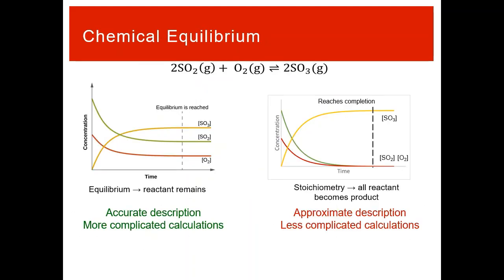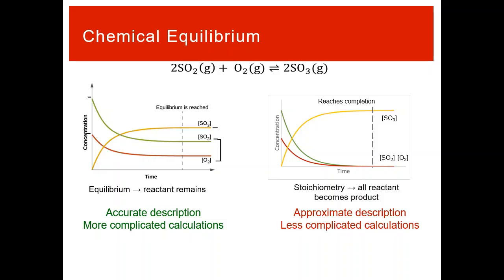This equilibrium-based description is more accurate, but the calculations are more complicated. We'll get into that, and we'll spend a decent amount of time on it. You start with some amount of your reactants, and then you make at equilibrium some amount of product, but there are still some reactants present. So this is a more complete description.